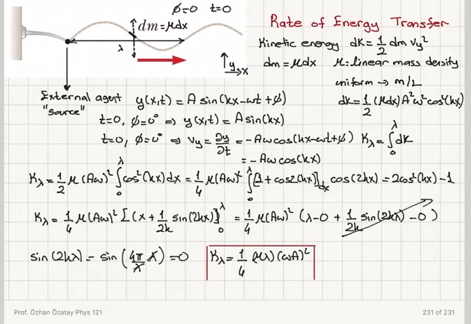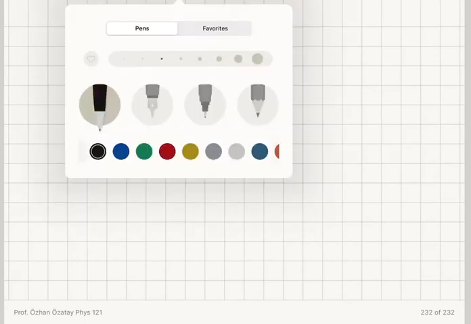Now I have to do the same exercise for the potential energy carried by a string element. Okay, for the potential energy, I know that the potential energy is given by 1 over 2 kx squared.